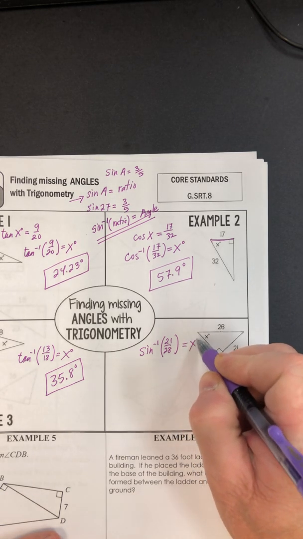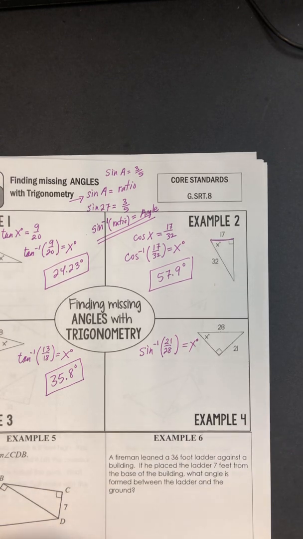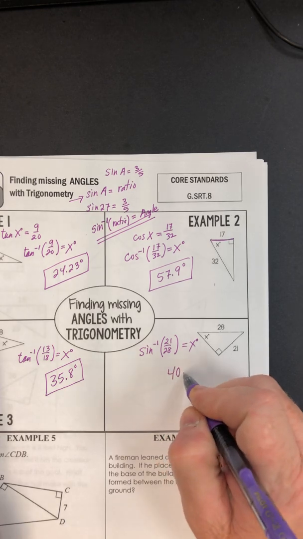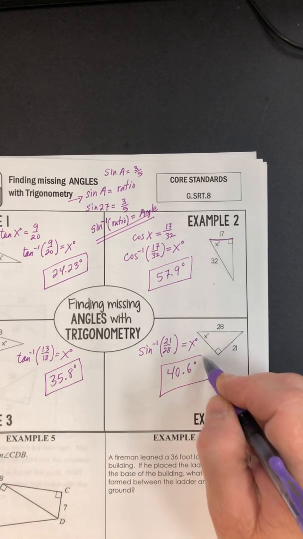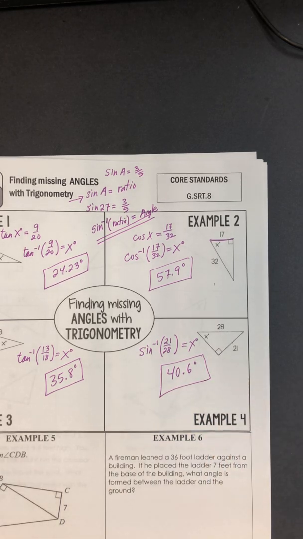That's going to equal my angle. So take out your calculator. Second, sine, 21 divided by 28. Enter, 40.6, we'll say, degrees. Don't forget the symbol.